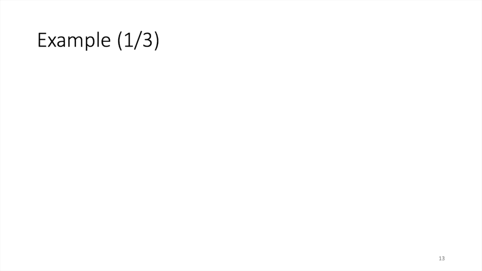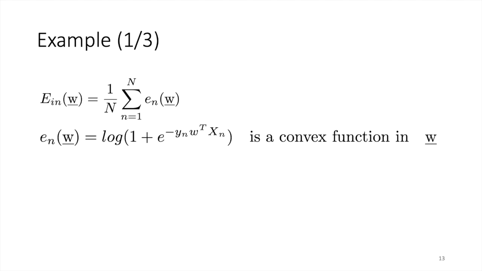So let's have an example of how we're going to derive the SGD update, using our previous formula. As we know, the in-sample error of w was the summation over all your pointwise losses, right?